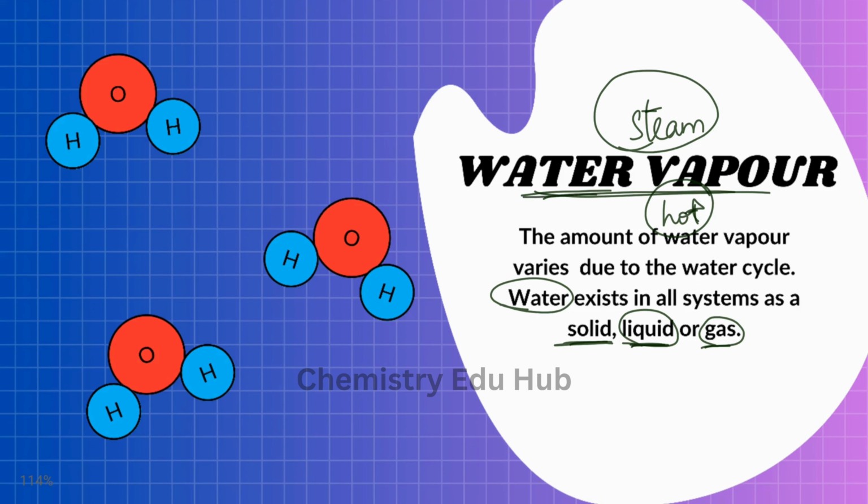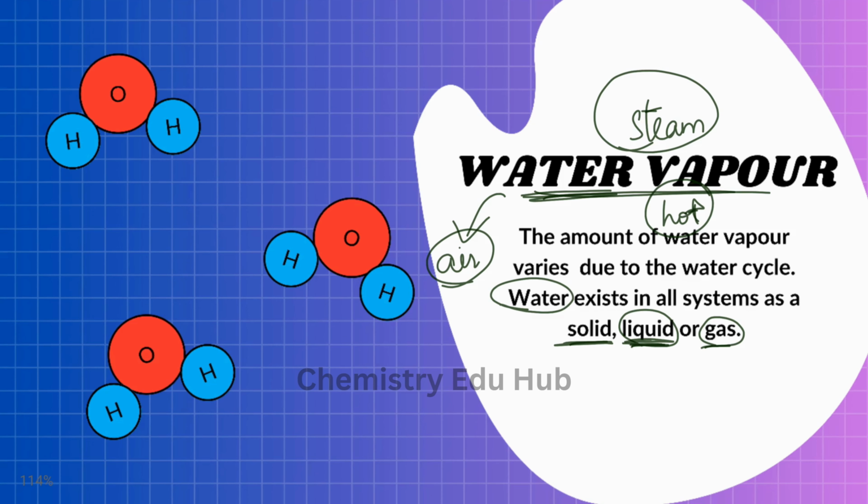So water vapor, though it is a liquid, because of the sun's heat turns into gaseous form and is considered to be one of the components of air. So water vapor is also part of air. As it is hot, it mixes with the air and moves in the atmosphere.